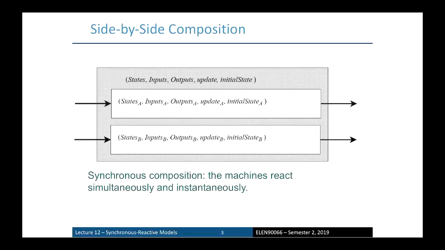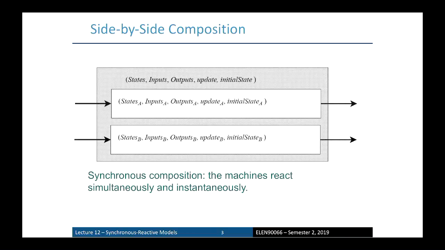Just as a reminder, you can combine two state machines in side-by-side composition where their inputs and outputs are independent of each other, but we can lump them together so that you now have a set of inputs and a set of outputs across the two machines. We can do that two ways, synchronously or asynchronously.